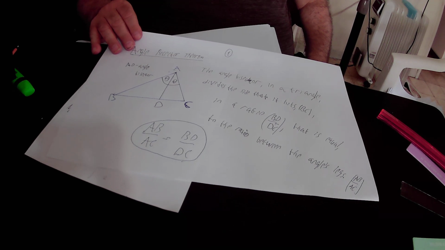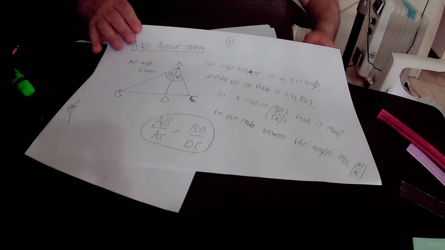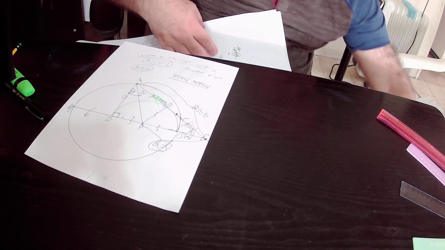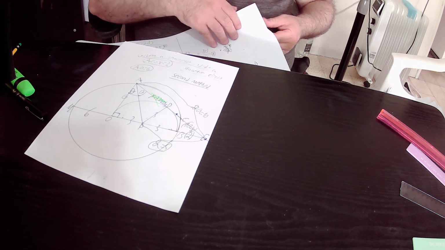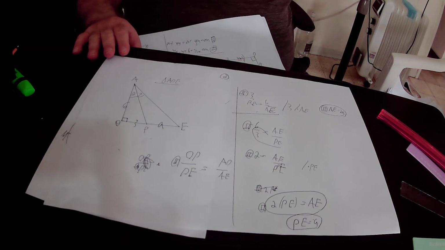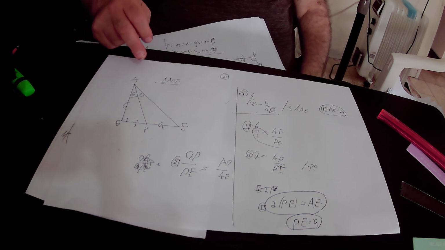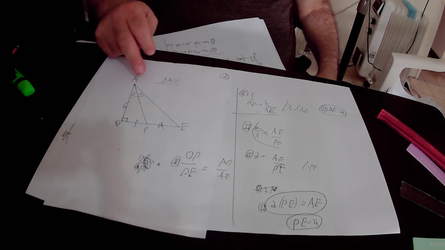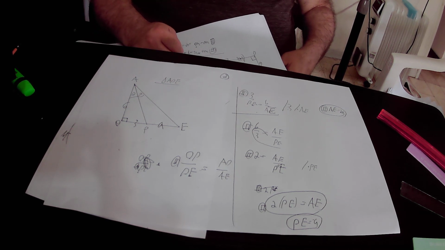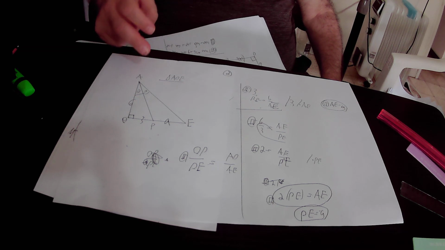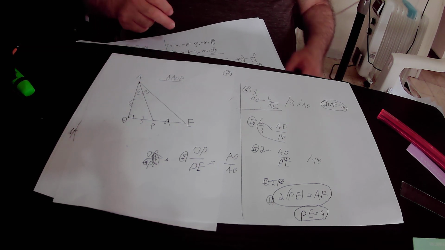Then we implemented the angle bisector theorem in the right triangle AOE. I copied the right triangle AOE onto a new page. Here AP is the angle bisector of angle OAE. Why? Because it divides angle OAE into two halves, each half equal to theta. Therefore, because AP is the angle bisector, we can implement the angle bisector theorem in this right triangle OAE.